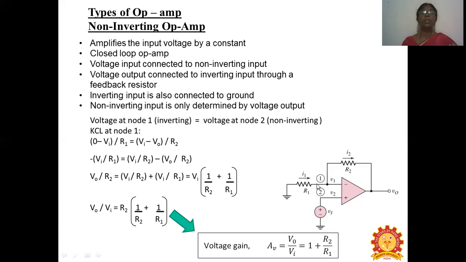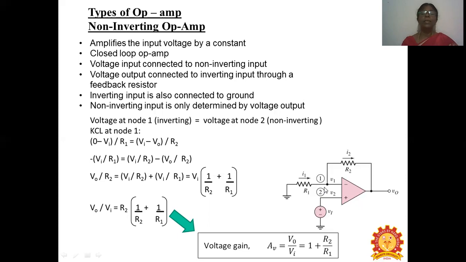By using Kirchhoff's current law at node 1, the voltage at node 1 is equal to the voltage at node 2.